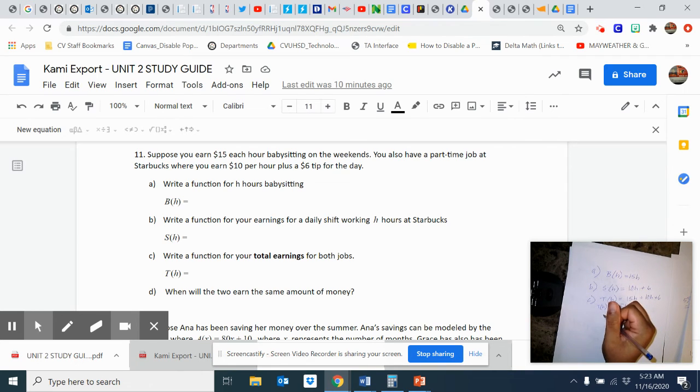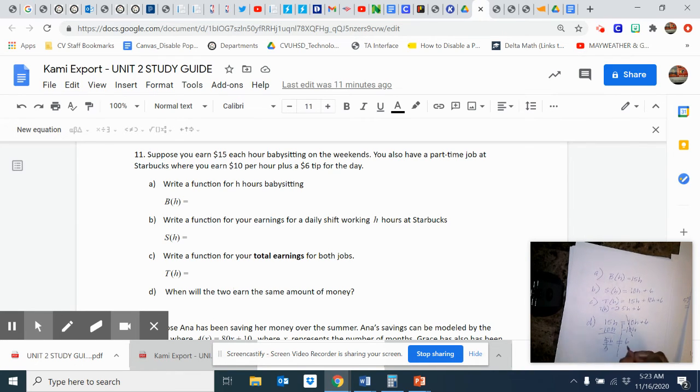Okay. And then when will the two earn the same amount of money? You got to put these both equal to each other. You have to. And then you have to solve. Subtract 10H, subtract 10H, 5H equals 6. All right.